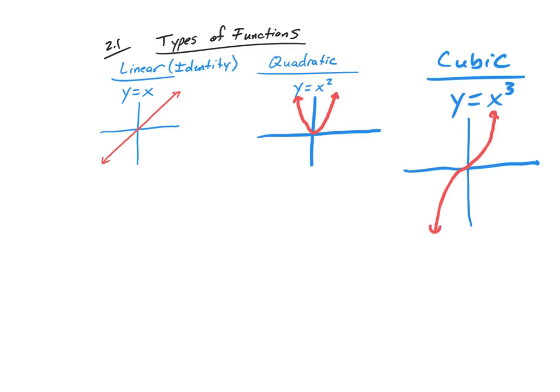Notice on these basic functions, they're all going through the origin in some shape or form, okay? So the origin is kind of like my starting point, and that's the one thing that all of these will come back to. Like for instance here, 0, 0 is the point where it comes down and goes back up. But they all are going to hit 0, 0 in some way.